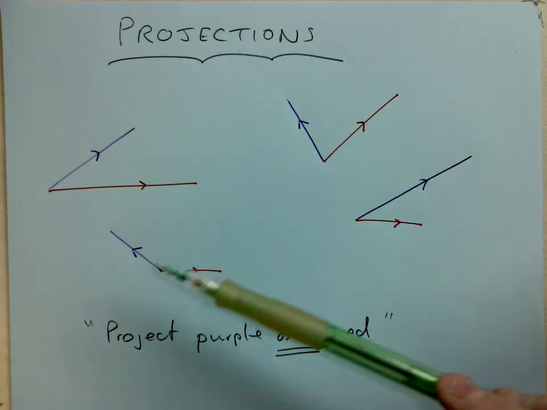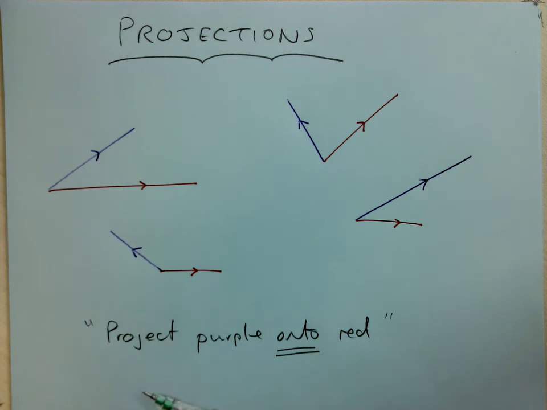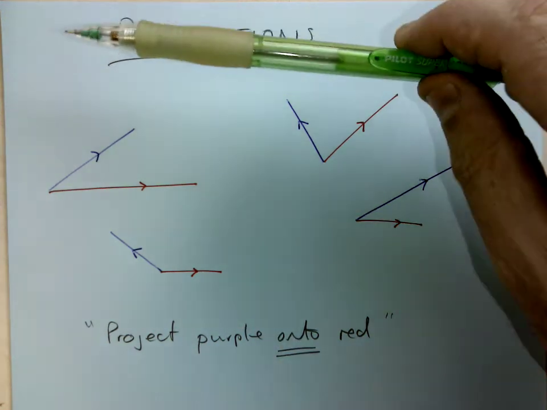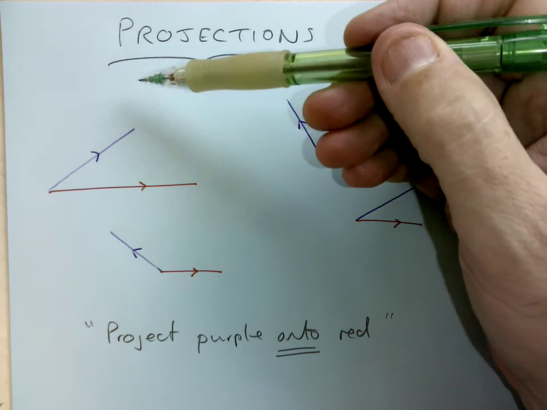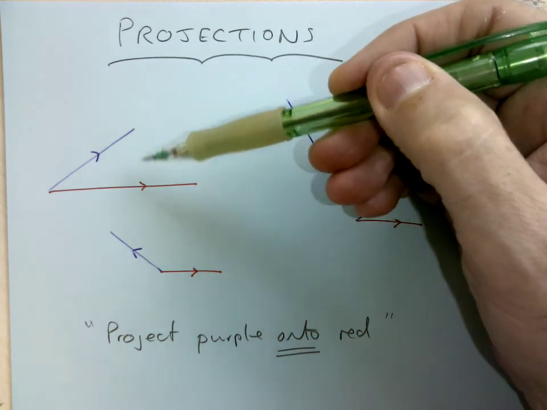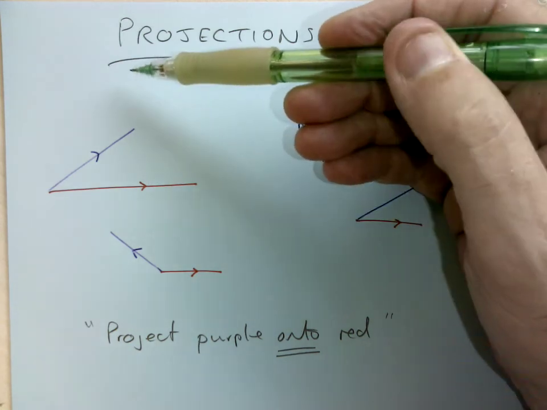So in each of these examples, I'm going to project the purple vector onto the red vector. So the red vector is acting like the screen, if you like. I want you to imagine that I'm projecting light at a right angle towards the screen, as you would if you're projecting a film.